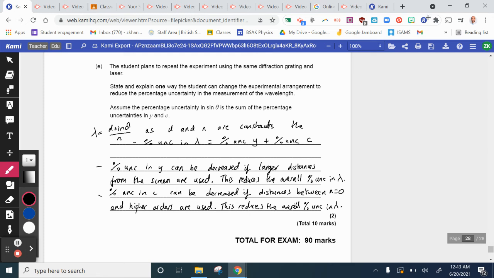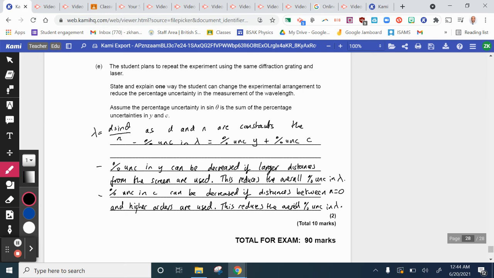So essentially, if n and d don't carry any uncertainties, the uncertainty in the wavelength is the uncertainty in sine theta. So the percentage uncertainty in the wavelength is equal to the percentage uncertainty in y plus the percentage uncertainty in c, as it says in that statement. So if we know the percentage uncertainty in sine theta, that is actually the same as the percentage uncertainty in lambda. So how could we improve that, and how could we improve that?